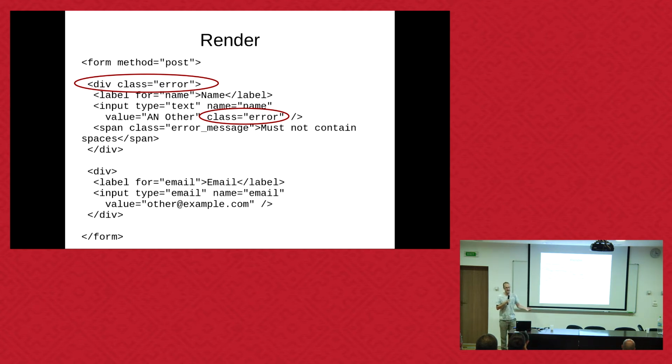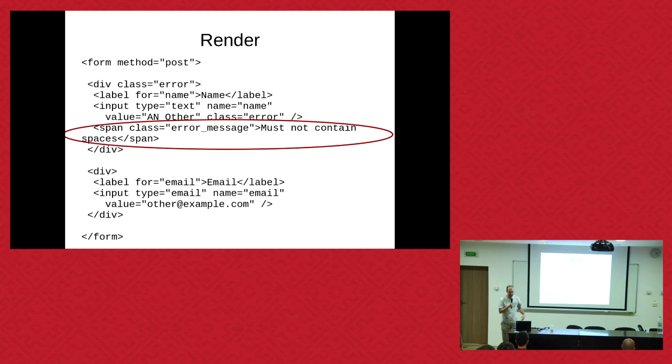And coming back to the CSS earlier, the neat thing about FormHandler's rendering is it gives you the structure of the HTML. But how the form looks is up to you. You define that in CSS. So you can set your CSS rules for this error class within the form and render that out however you want. And then we see the error message here. Again, that's got its own CSS class on, which is handy.